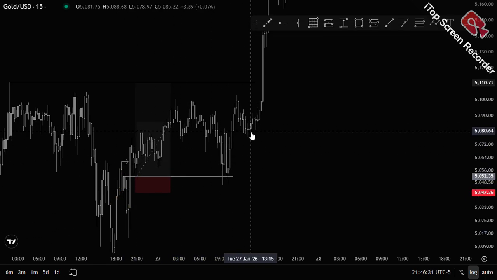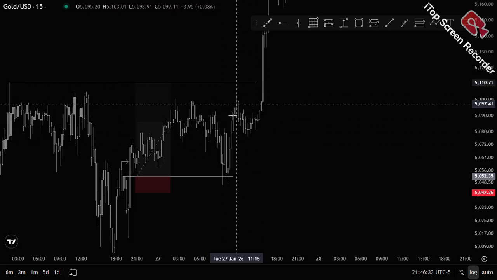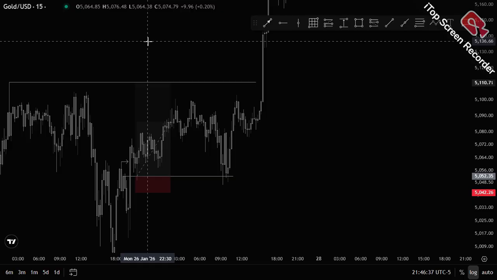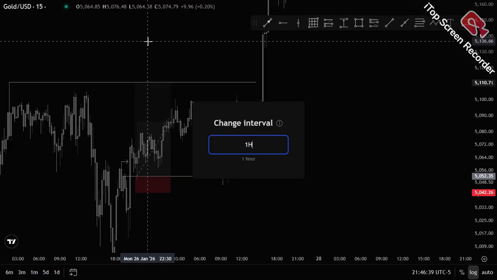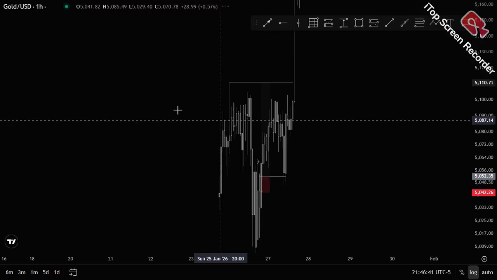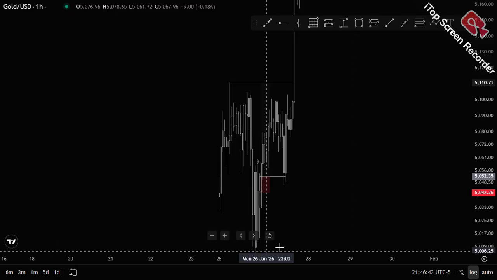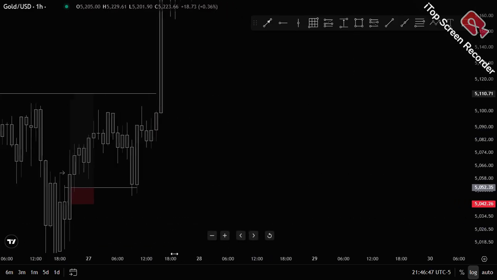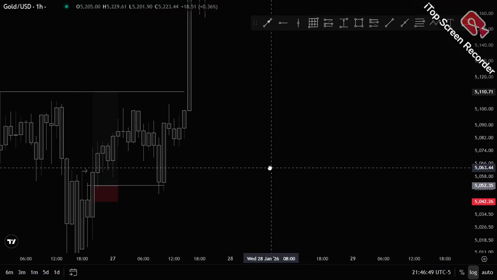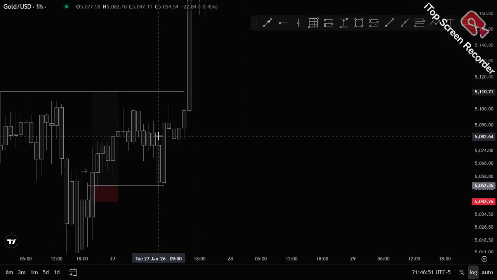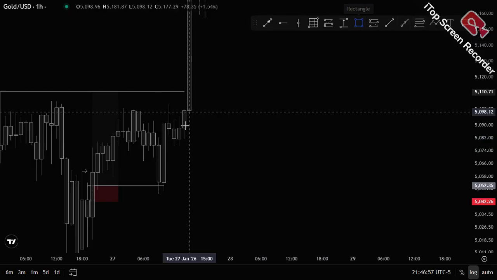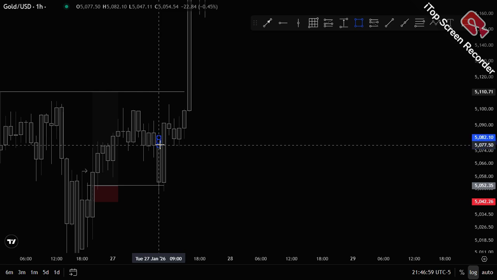So let's look at this entry here. This is where I took my entry. To explain why I took that entry there, we'll go back to 1 hour. On the 1 hour time frame, I had this inside rejection candle, because it was so obvious that we are bullish.